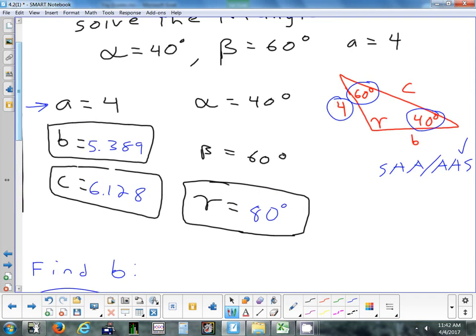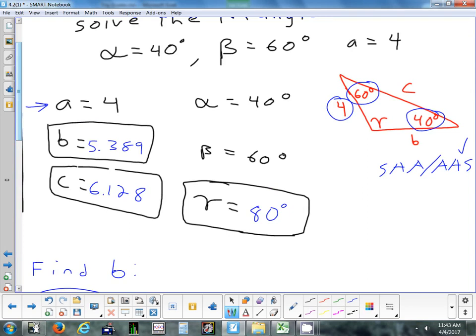Yep, anytime you add two sides together, it should always be bigger than the third, which works here. 4 and 5 is bigger than 6. 5 and 6 is bigger than 4. And 4 and 6 is bigger than 5. So if you add any two sides together, they're bigger than the third. And the biggest angle should always be with the biggest side. The smallest angle with the smallest side. If that's not true, then something's wrong.